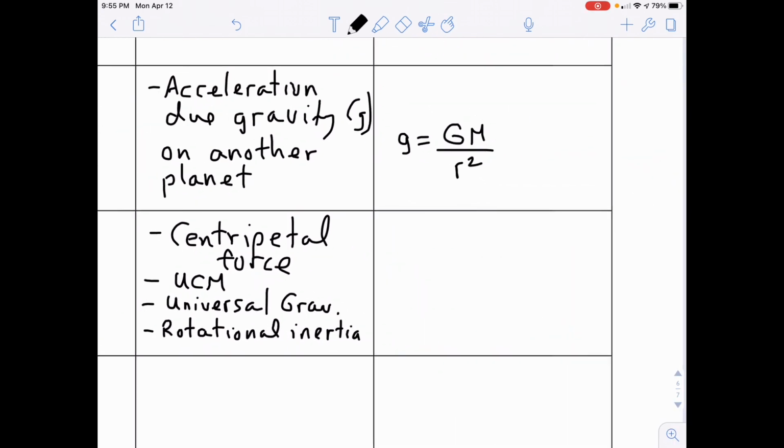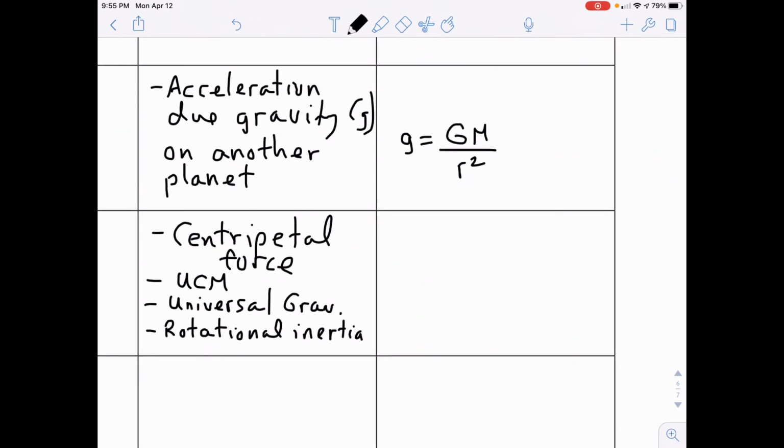Now, if these are the 4 concepts you're going to use in this question, then net centripetal force equals mv squared over r. If we're talking about uniform circular motion, then v is equal to 2 pi r over t, where 2 pi r is the circumference of the circle divided by the period, the time around. We also need the universal gravitation law, which is G m1 m2 over r squared.